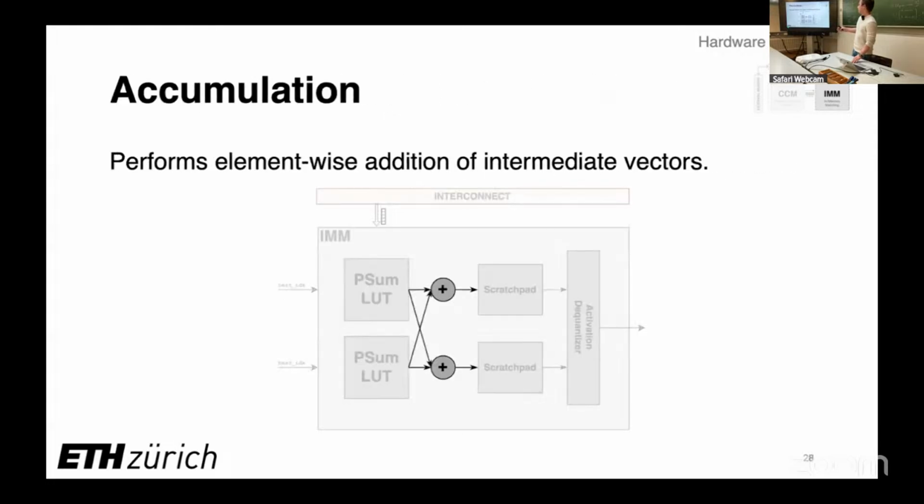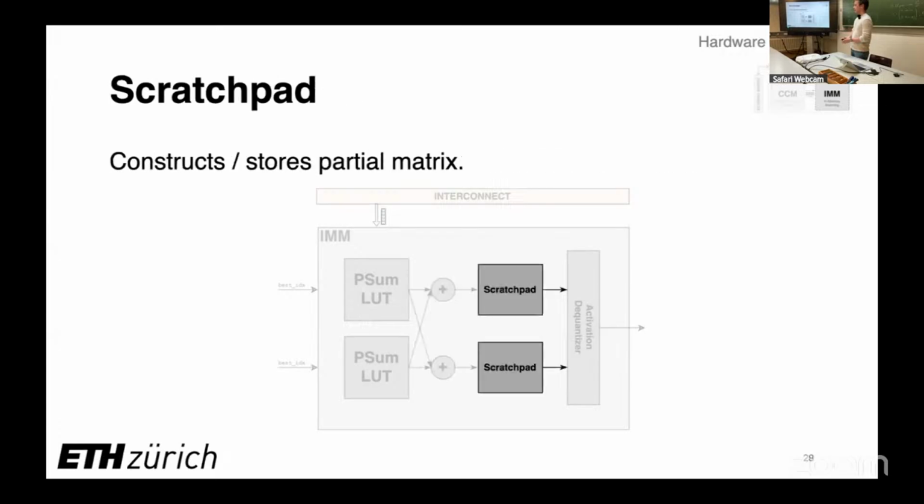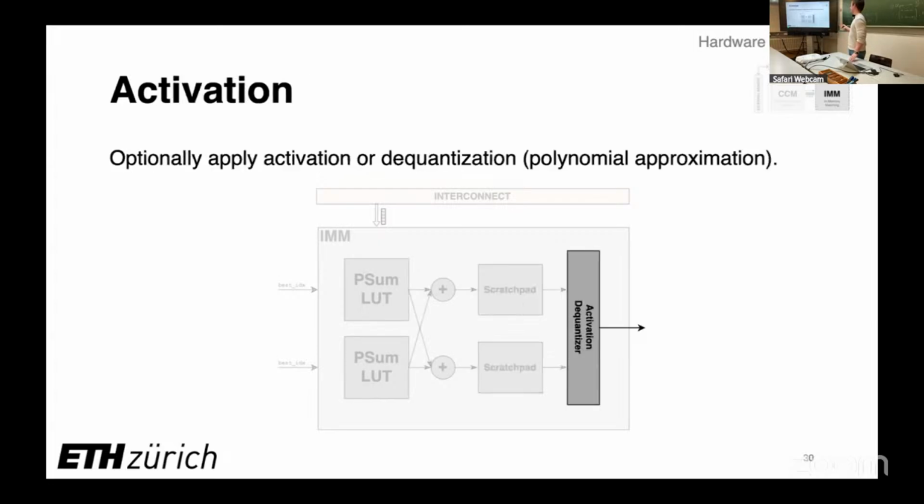And then to accumulate the data, it performs a simple element-wise addition, sort of similar to multiply and accumulate. It stores that in the scratchpad as it builds the different sub-matrices, and then it has a block to apply different element-wise activation and to optionally dequantize the data if you need to give it to another accelerator, or if you need for any reason to bring it back to a normal representation.